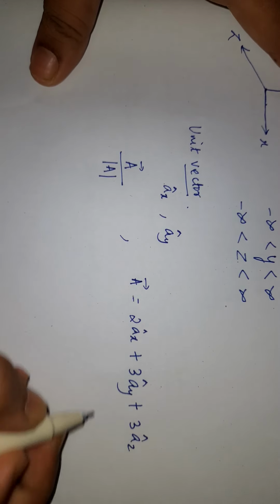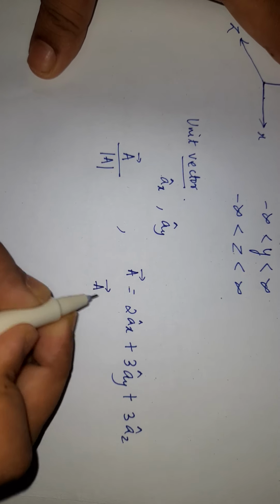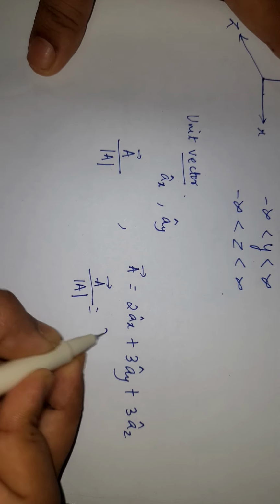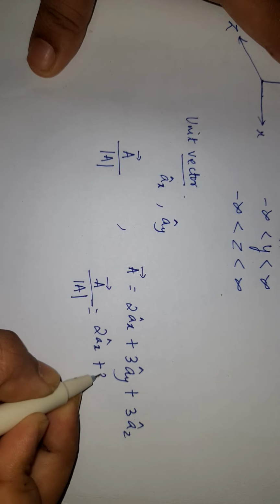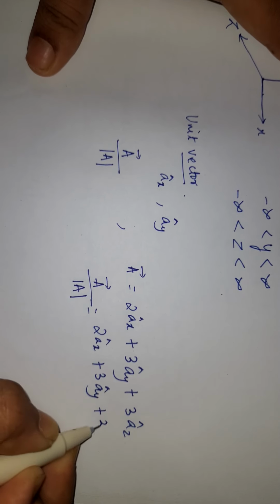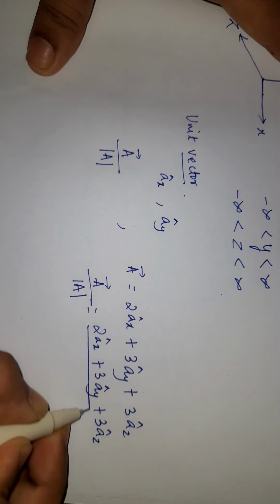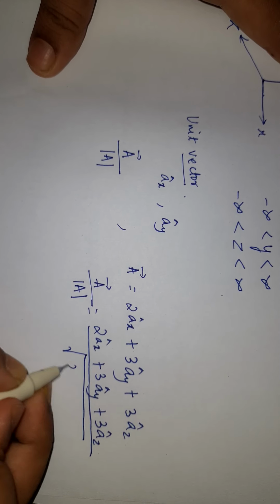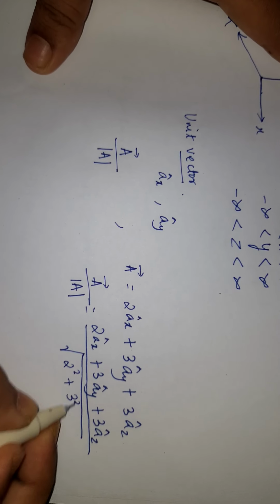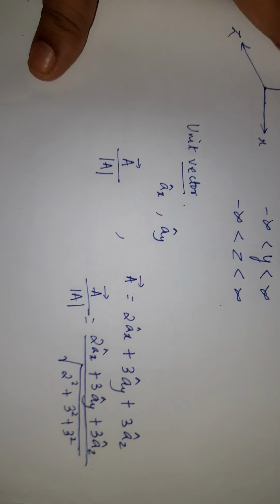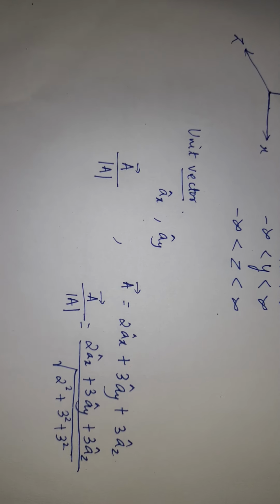Then to define its unit vector, I'll divide this by its magnitude. So basically it will be something like this, divided by its magnitude. As you know, it's the square root of x square plus y square plus z square, and so this is how you can calculate the unit vector.